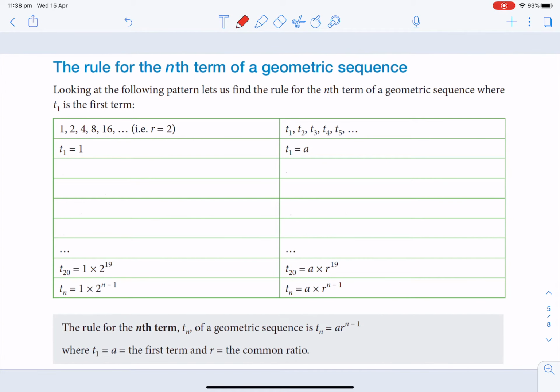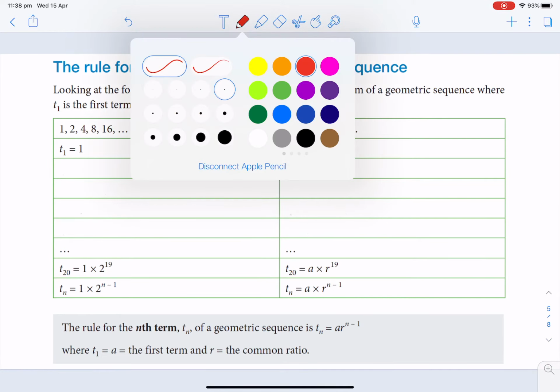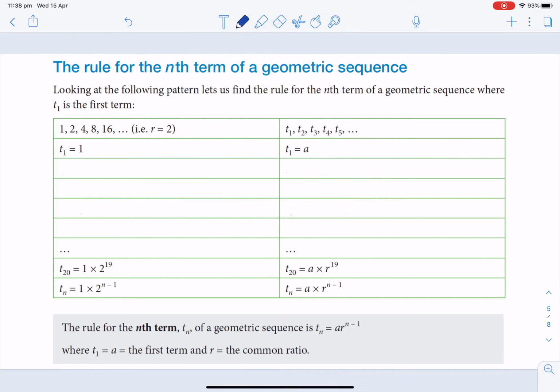The rule for the nth term of a geometric sequence. So we're using the same table as what we had yesterday, or a similar concept, to the arithmetic sequences. 1, 2, 4, 8, 16. So our R is 2. We're going to keep that as 2.